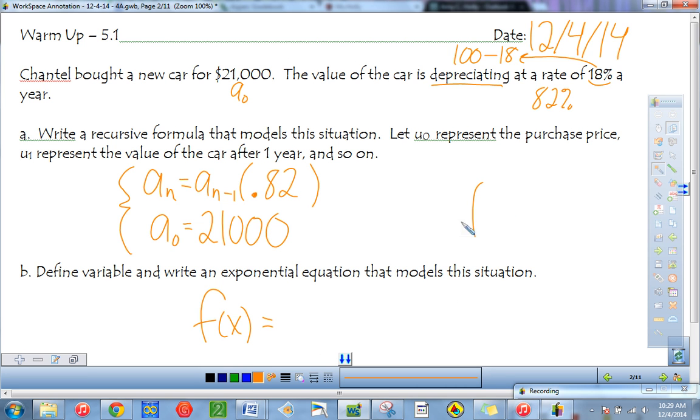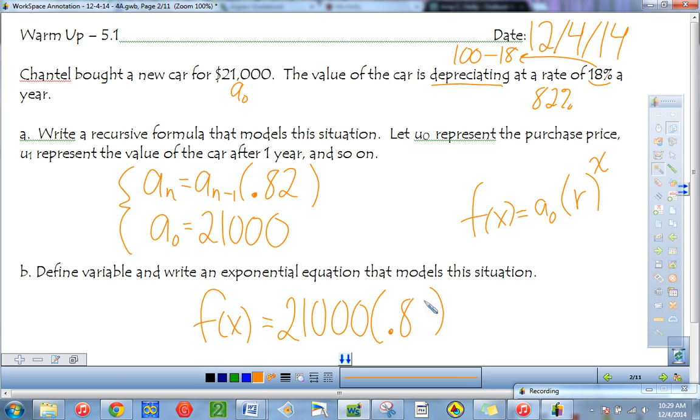Your initial value, what you're starting with, multiplying it by how much it's changing each time, and then you raise it up to the x power.